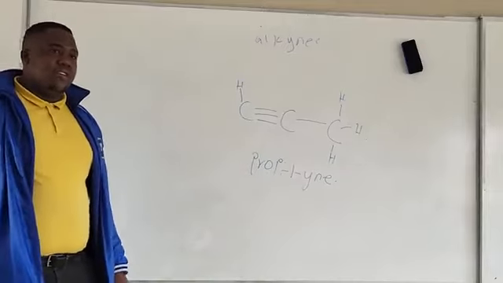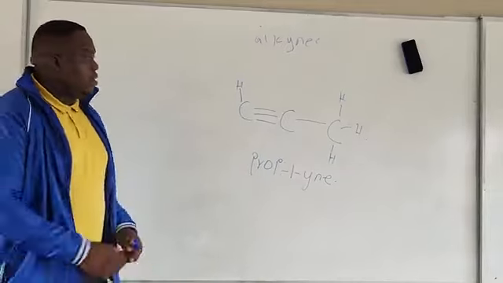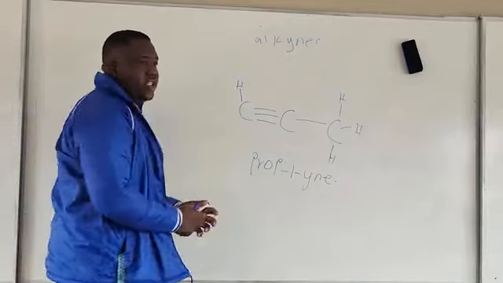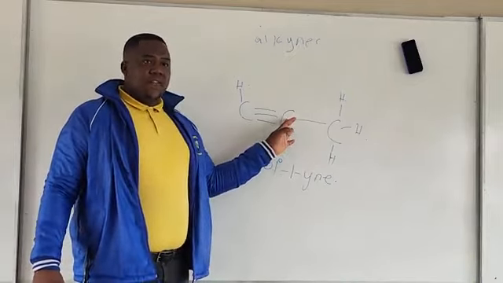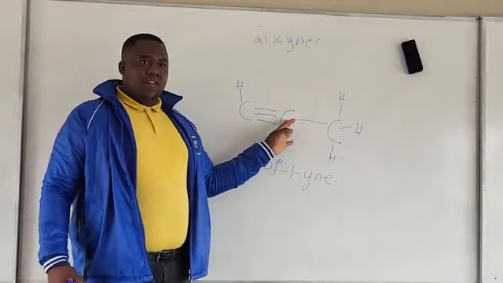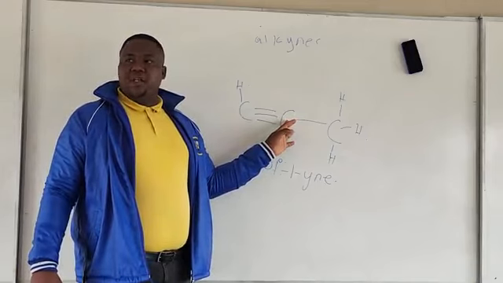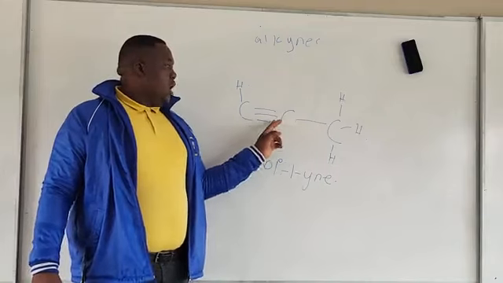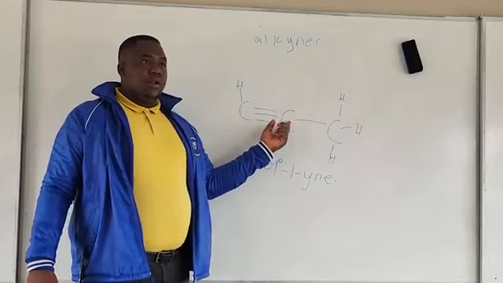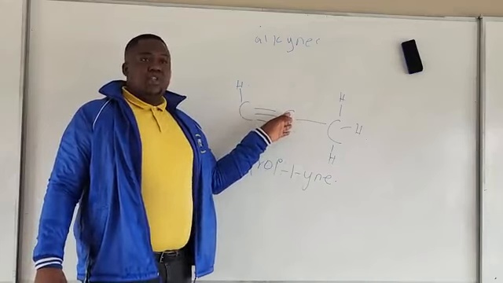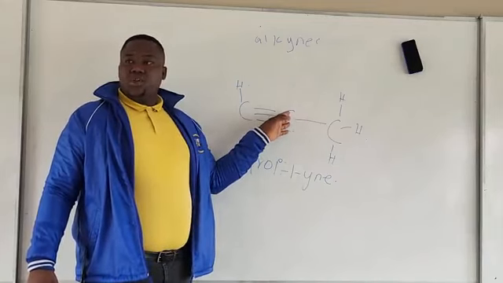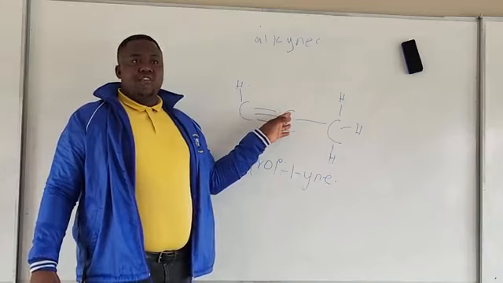You understand how we give the name of these things? Can you see here that we have 4 bonds? Carbon can only create 4 bonds because it is short of 4 electrons, right? So 1, 2, 3, 4. You want the hydrogen coming out from here because I showed you the valence electron of carbon.